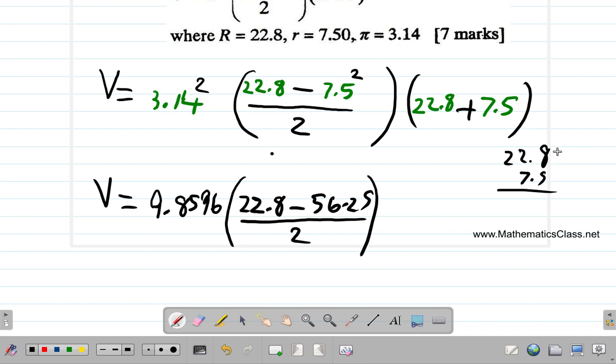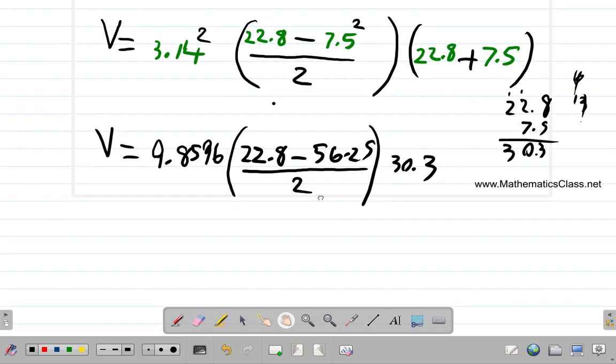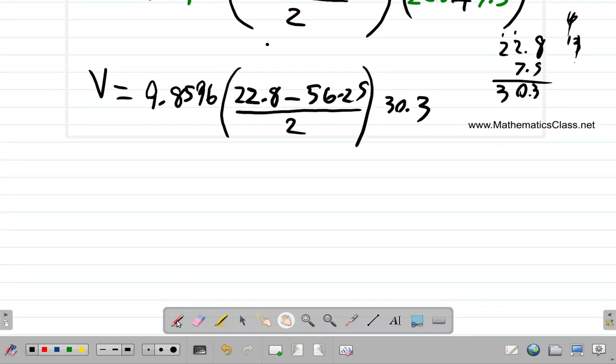Say 8 and 5 is what? 13. Bring down the 3, carry 1. 7, 8, 9, and 1, 10. Bring down the 0, carry 1, 2, and 1, 3. So what we have is 30.3. Alright?